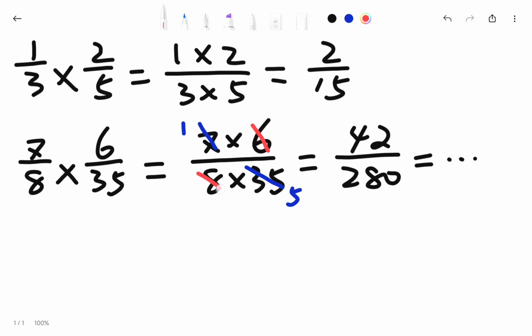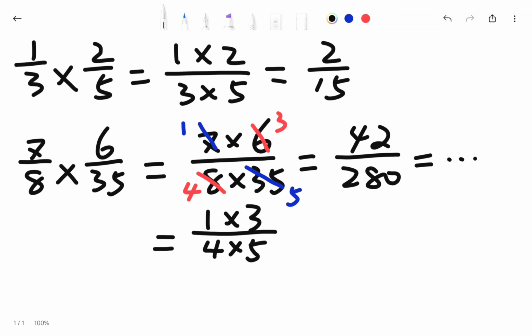That means both can be divided by 2 to give us 3 and 4. So this leaves us with 1 times 3 at the top and 4 times 5 at the bottom to give 3 over 20. Is that the same answer you got earlier?